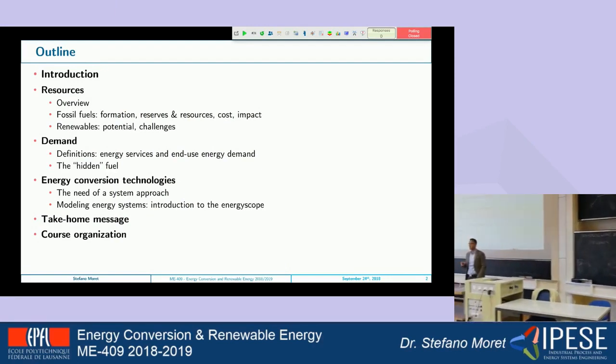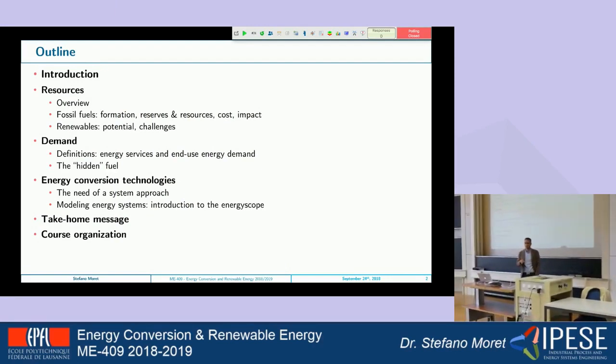Then we refer to the three main components of the energy system. As you said, on the left-hand side there are the resources. The second element will be the energy demand, and then the main focus of the course will be the energy conversion part, so how we take the resources and convert them into useful needs.